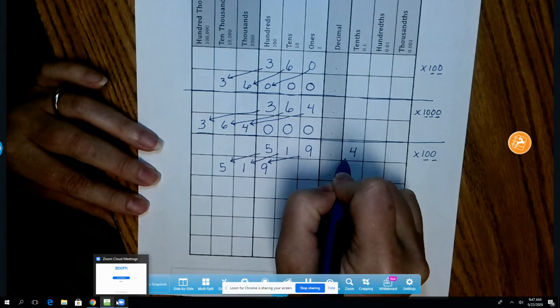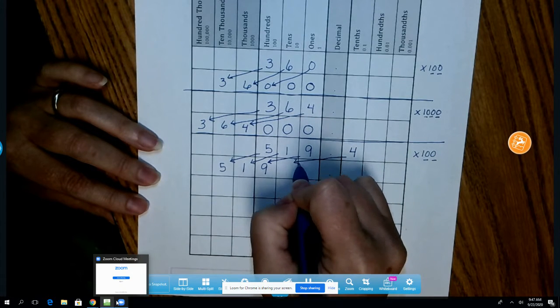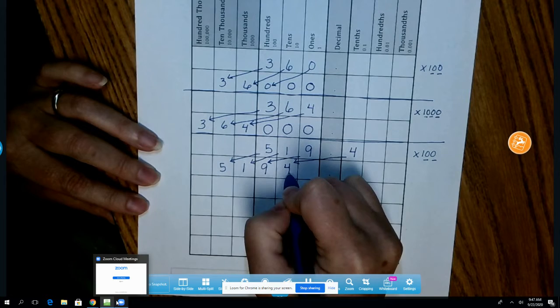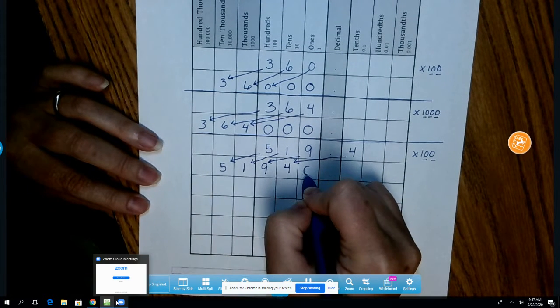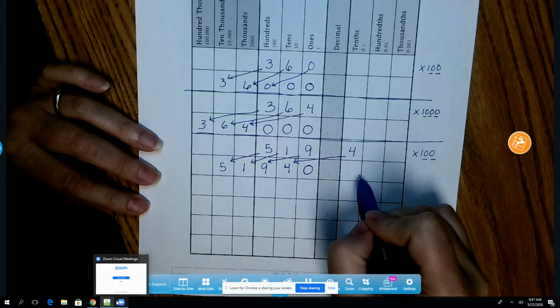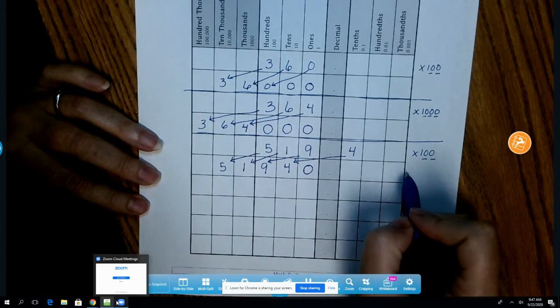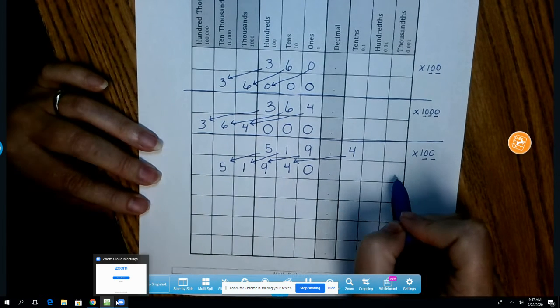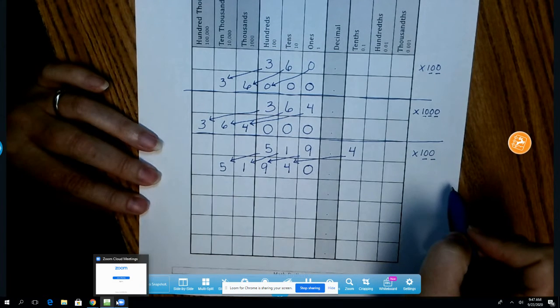And my 4, even though it's after the decimal point, is moving 2 place values. And now I still have 1 place I need to hold, so I'm going to put a 0 there. There are no other parts of 1 whole that are on this side. I could put zeros here. There are actually invisible zeros there, but I don't have to because there's nothing after this.